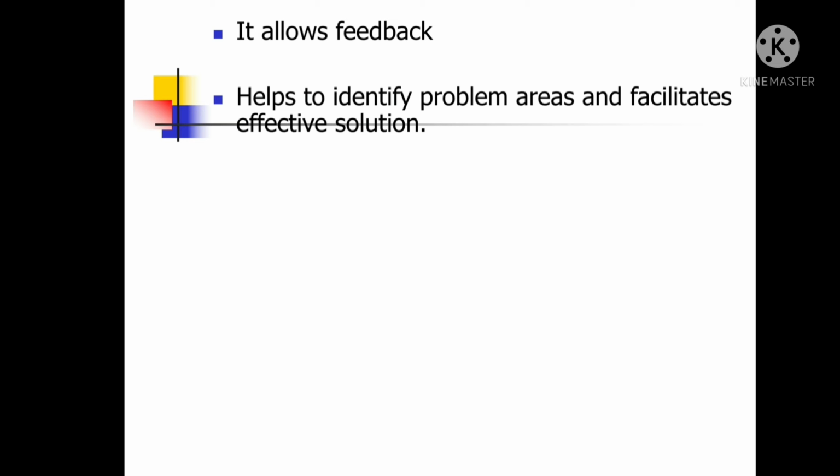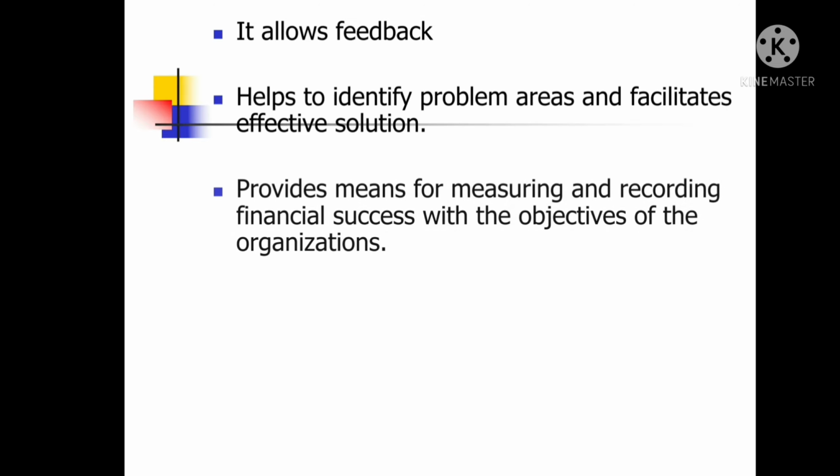Then it helps to identify the problem areas and facilitate effective solutions. Some resources may be necessary for the functioning of the organization and some are not that necessary. We can realize that. Then it provides means for measuring and recording financial progress with the objectives of the organization.